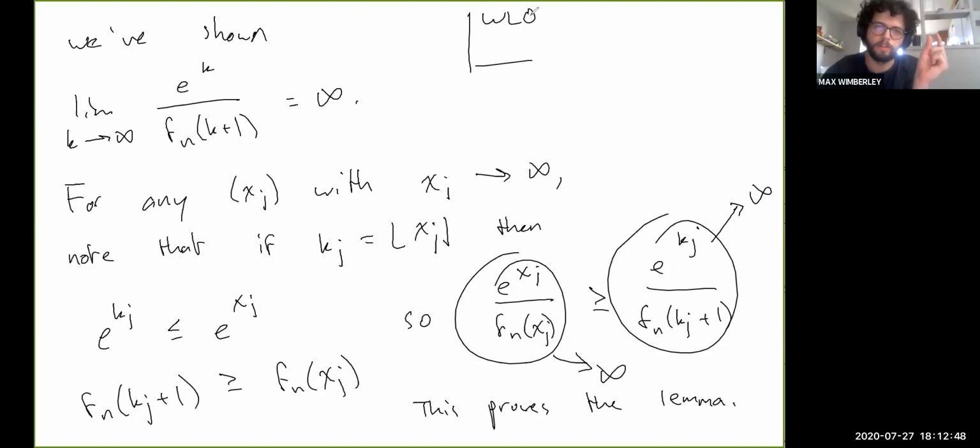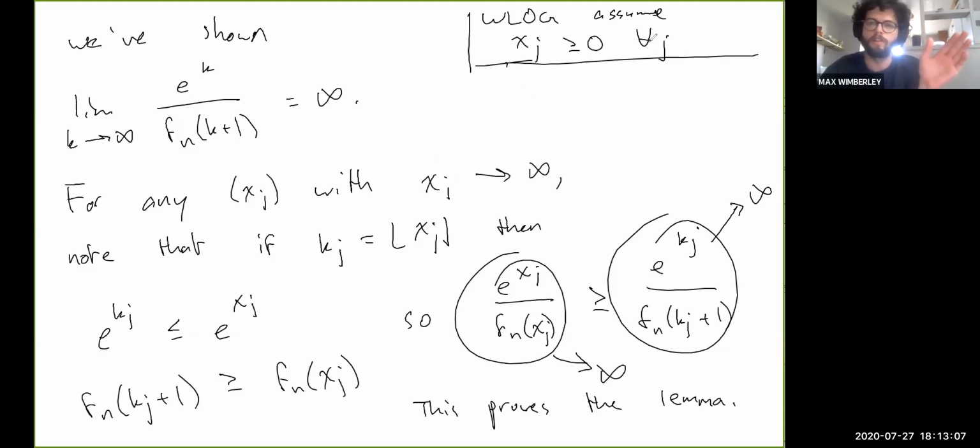Without loss of generality, assume xj is greater than or equal to 0, because if xj approaches infinity, I can just cut off the beginning of the sequence to make them all non-negative.